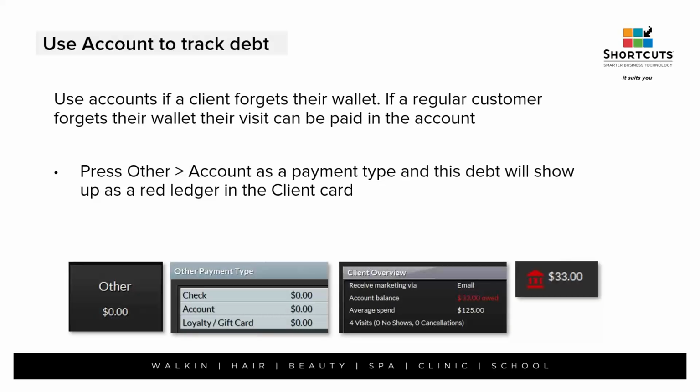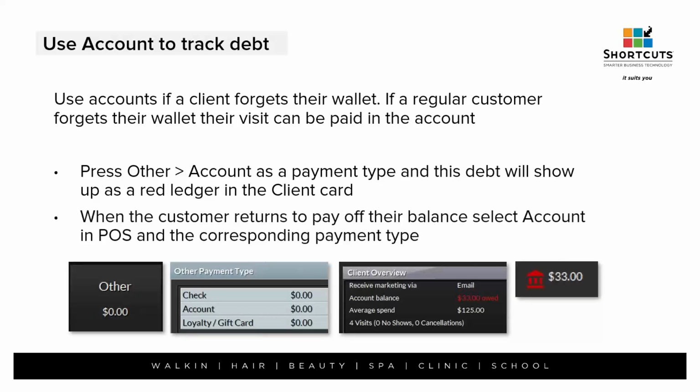So again, the scenario, you have one of your regular customers and unfortunately they left their wallet at home. So you of course know who they are. So you're like, okay, well the next time you come in, you'll pay for your visit. Instead of leaving money in their account, they owe money in their account. So in the point of sale, you would still choose the account button.